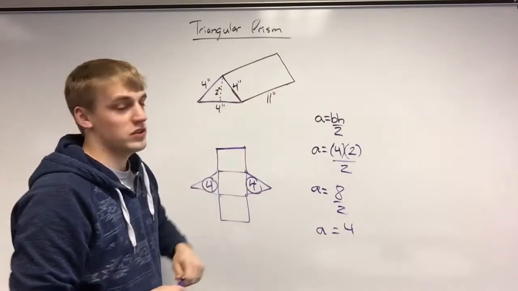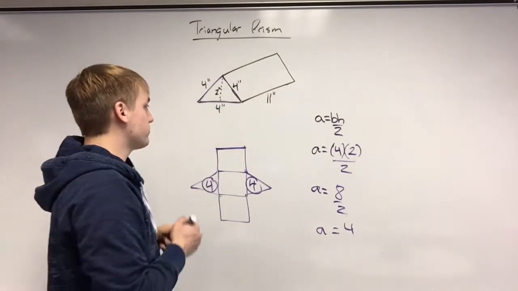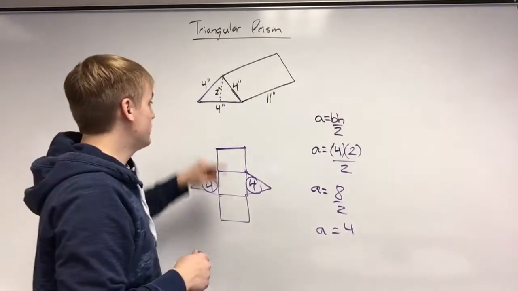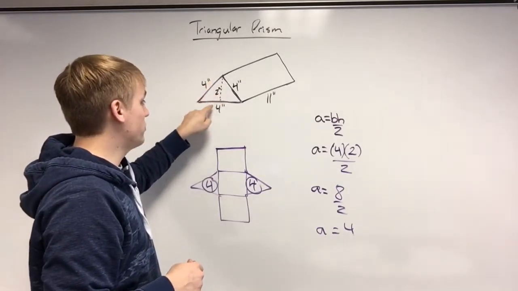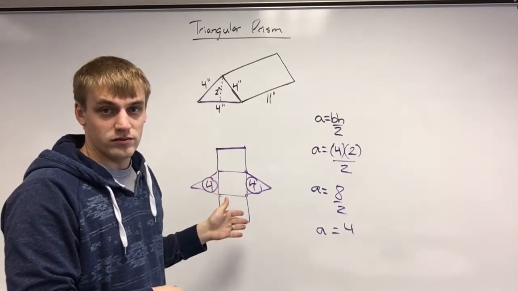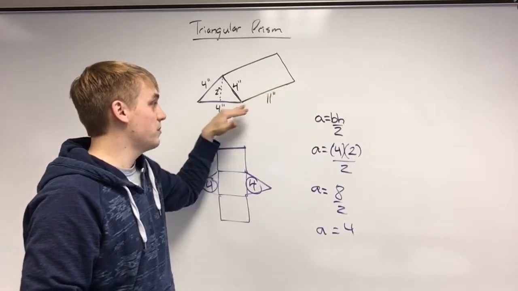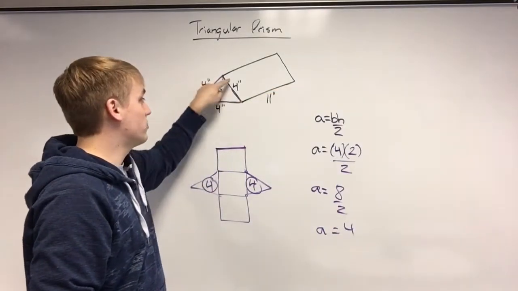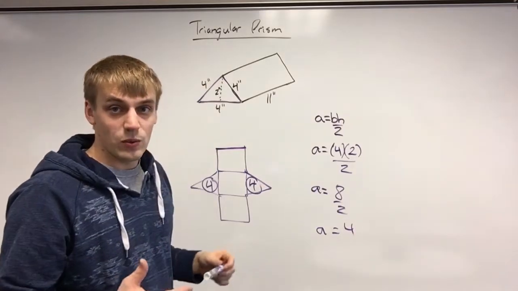We're going to do the one that you can see right away. And one thing that I want to mention before we do that is that each side of the triangle corresponds with one of the sides of the rectangle. They will always use the same length, and then each side of the triangle will be a width.